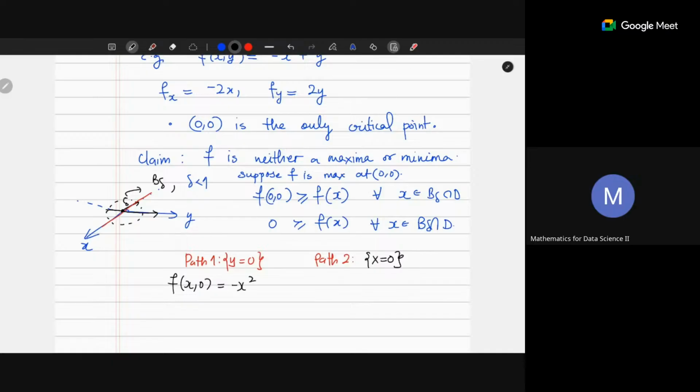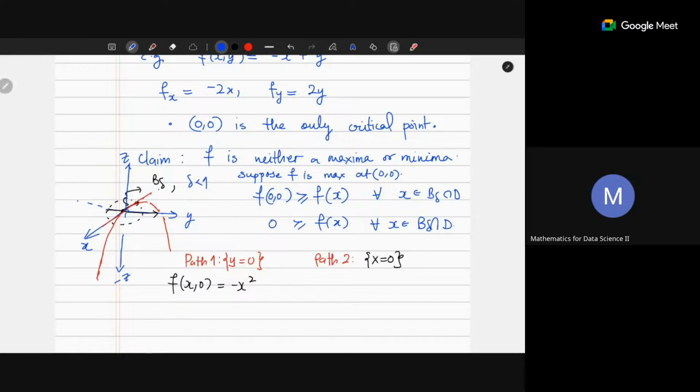What does minus x square look like? If I draw the graph of this function, suppose this is my z-axis, this is the negative z-axis. The function goes towards the negative z-axis. It is a maximum at this point.